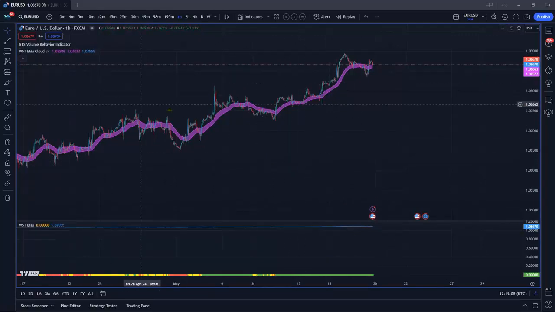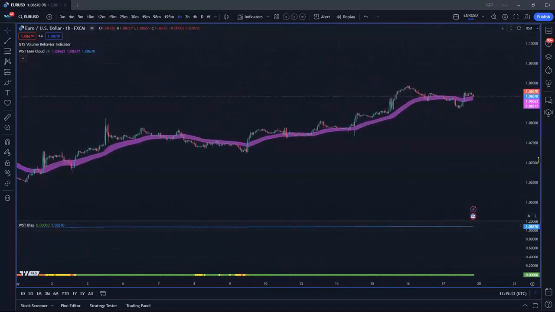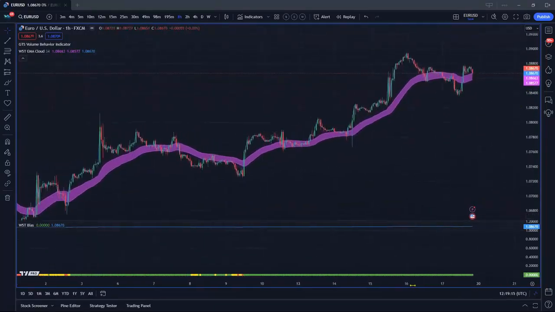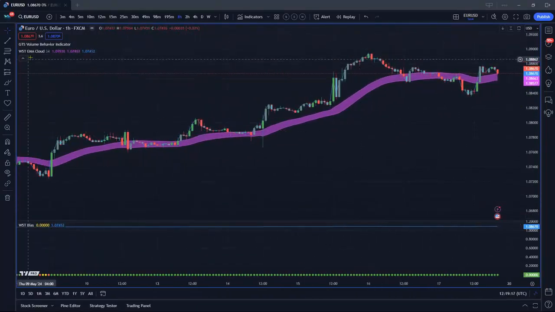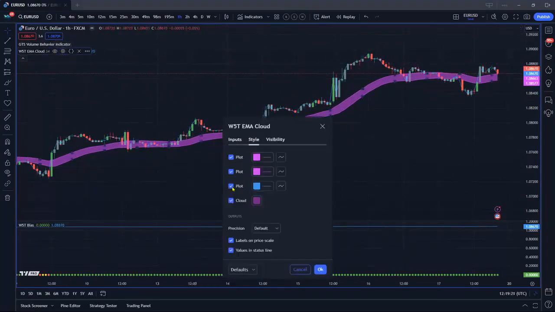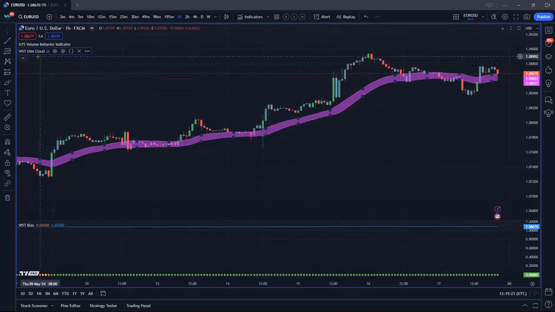Okay, so let's talk about each one of these. The volume behavior colours in the candles different colours. First, I'm going to go to EMA Cloud, go to settings, and take that plot off just to clean up the chart a little bit, and I'm going to do the same down here for the bias.